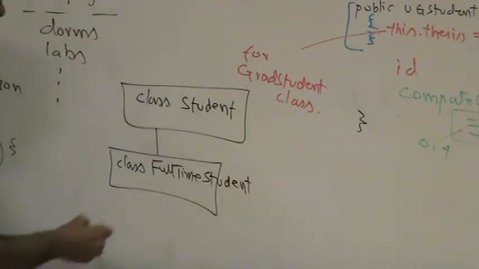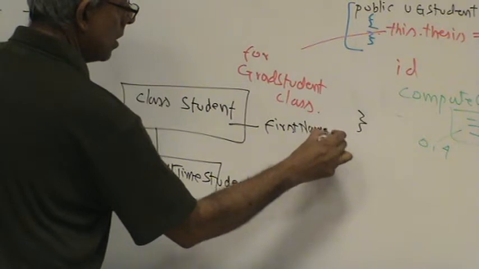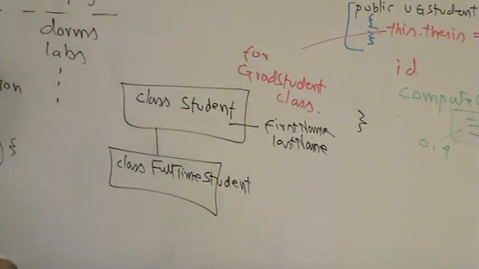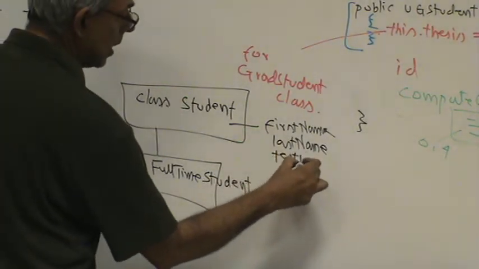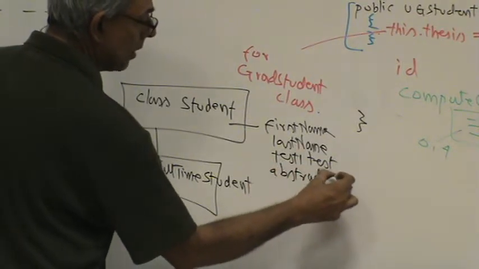Okay, what fields will we have over here? First name, last name, ID or no ID? No ID, okay? And test 1, test 2, and the abstract compute grade. Everybody agrees?